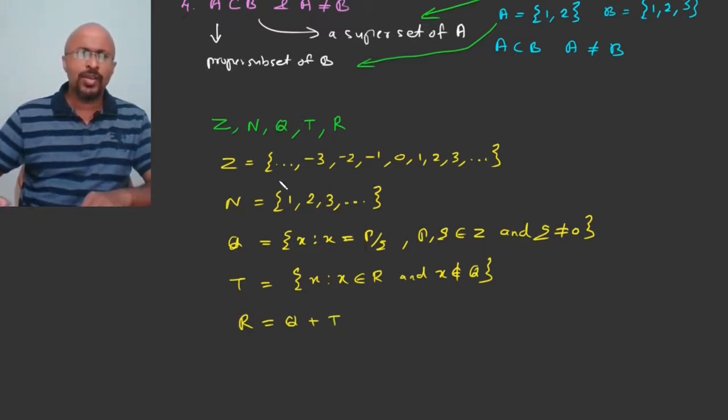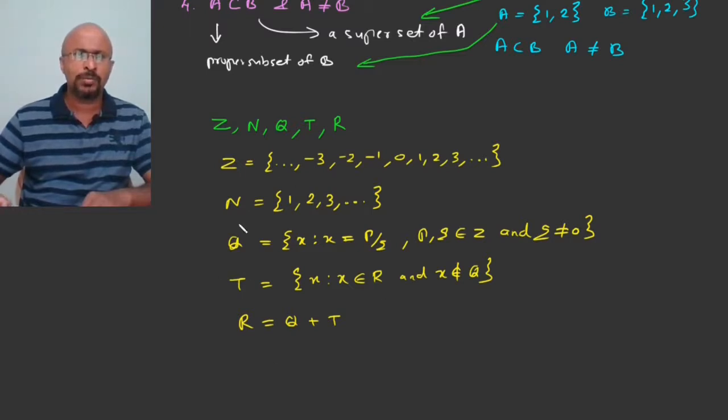Now, can you deduce a relation between these common sets in terms of subsets? It is very easy now because you can easily see all elements of N are there in Z. Therefore, N is a subset of Z. We also know all integers are rational numbers.